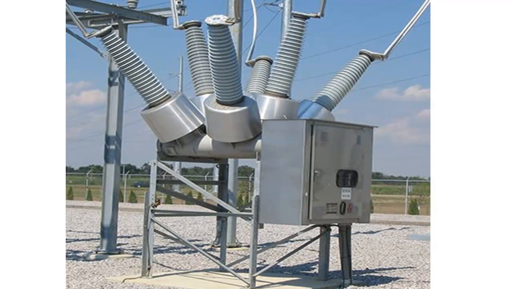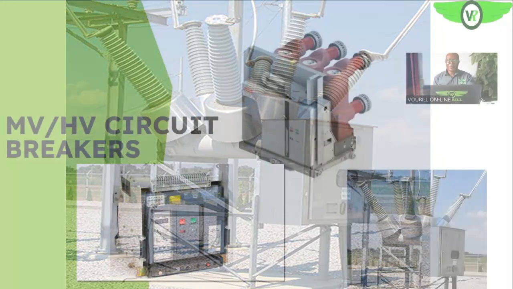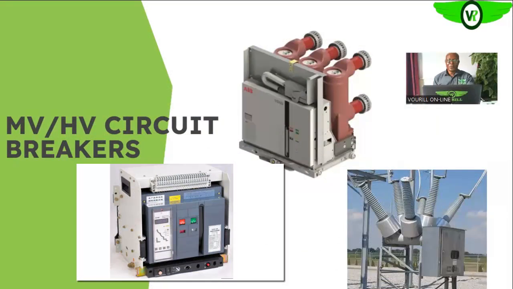We said the medium voltage circuit breakers operate between 1000 and 17,000 volts. That is 1000 and 1 to 70 kilovolts. Then the high voltage circuit breakers are anything that is above 70 kV.